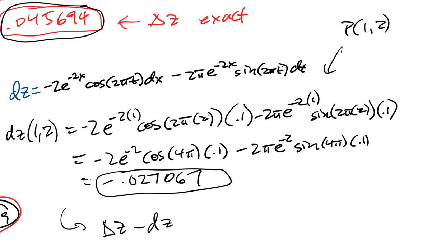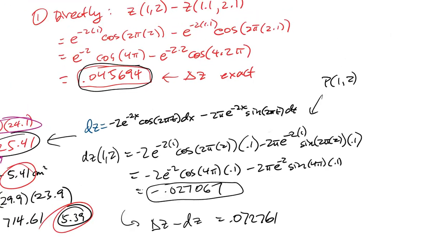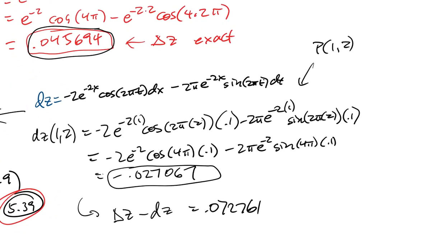The difference is 0.072761. So not a whole lot. That's the story. It's kind of like pick your poison, but the differentials are used quite a bit.